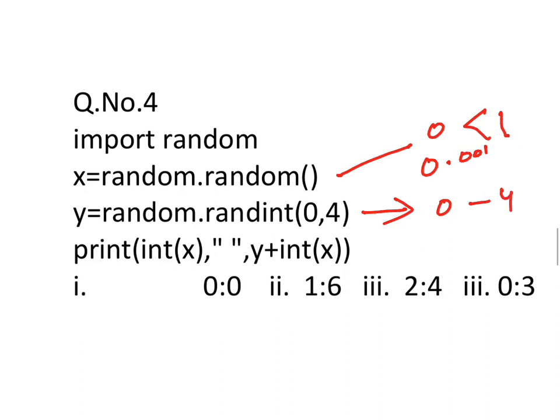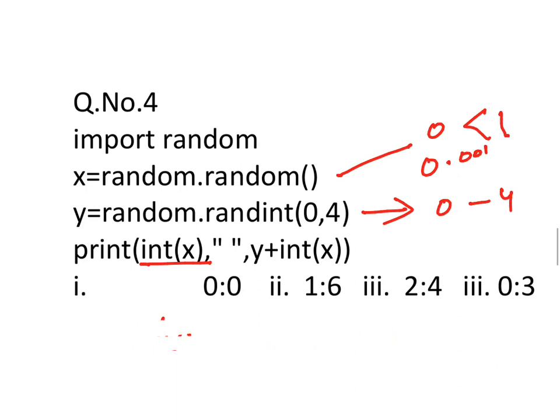Now in this statement you see here we have taken integer of x. The integer of x starts from 0 point something. So when you convert it into integer, it will be 0 only. Now the y is from, now you can see here, what is x now?